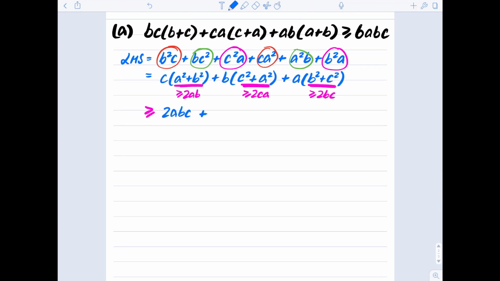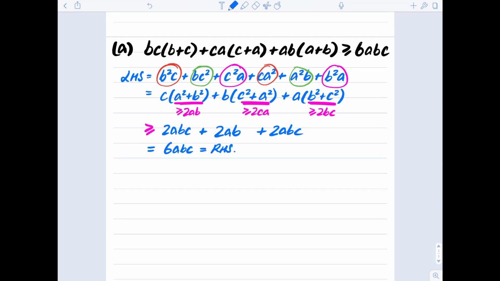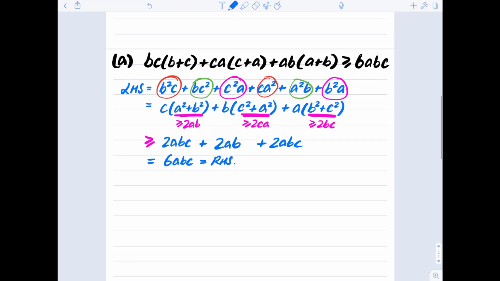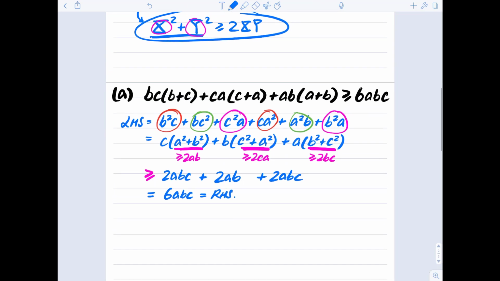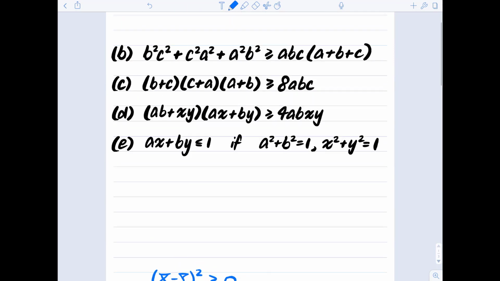Same deal, 2abc, and same deal, 2abc. And lovely, 6abc is my right-hand side. So we did have to go back a bit once we realized our factorization didn't work, but it works out pretty nicely in the end. Not bad.